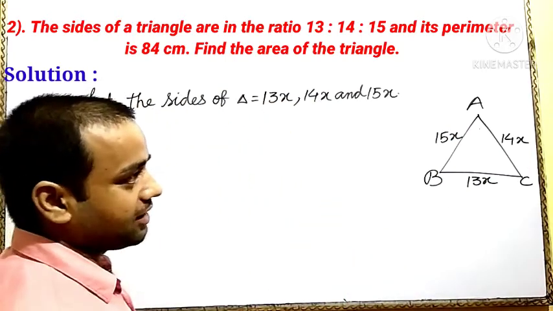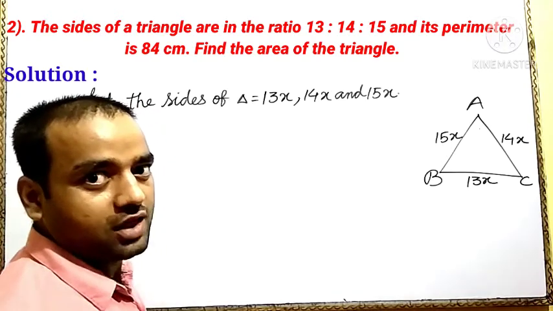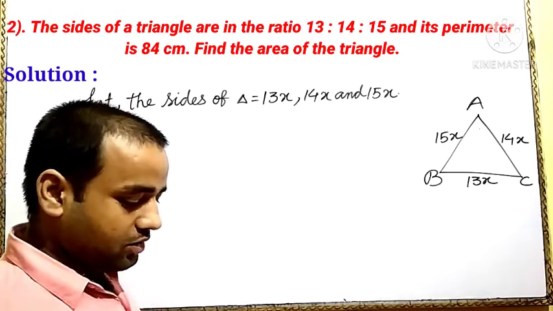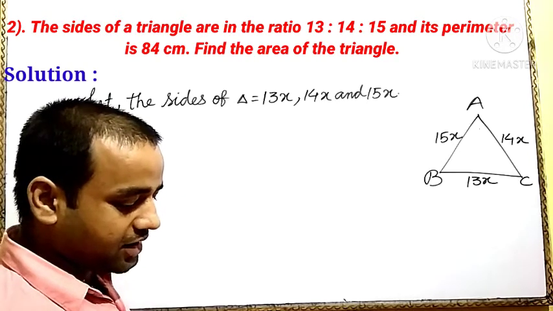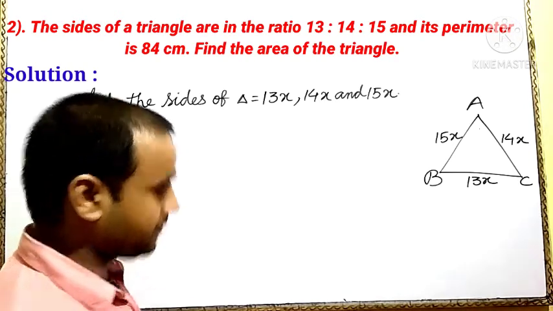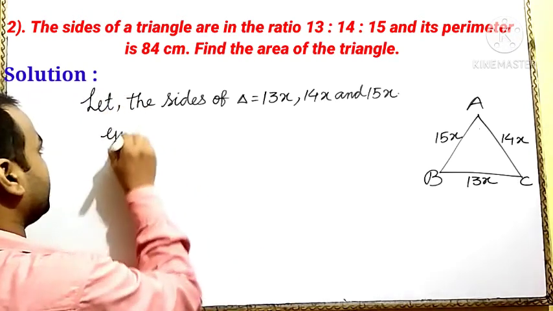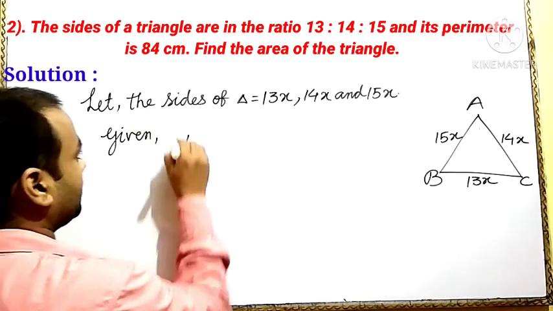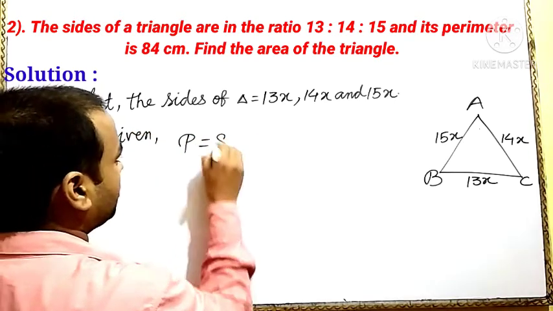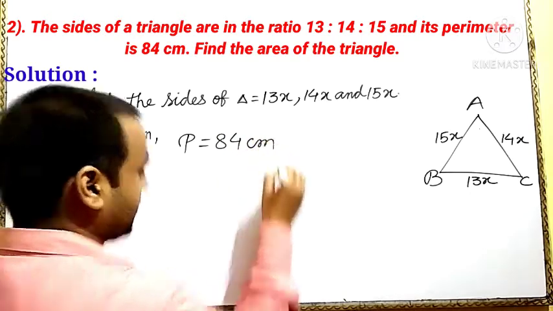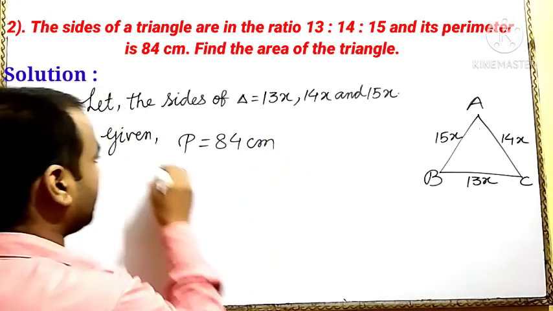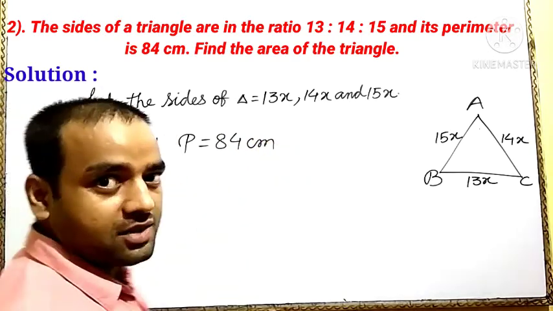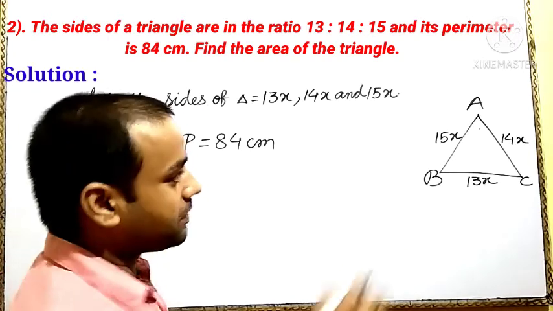So in this case, we use Heron's formula. Is it clear? In the question, the given perimeter is 84 centimeter. Perimeter means the sum of the lengths of its boundary.